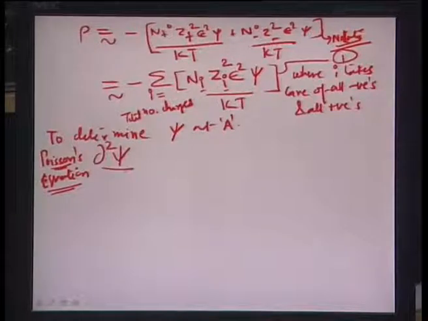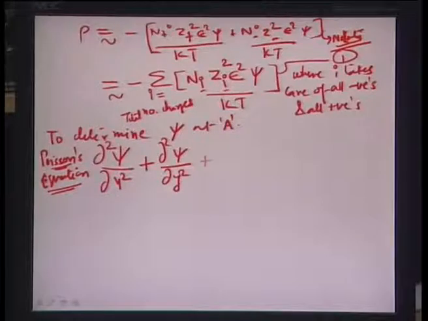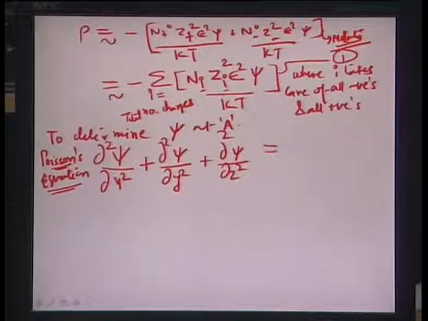So, we have the double partial derivative of phi with respect to x plus the double partial derivative of phi with respect to y plus the double partial derivative of phi with respect to z. The potential function, phi, can be equated to the overall charge density and the dielectric constant d of the medium.